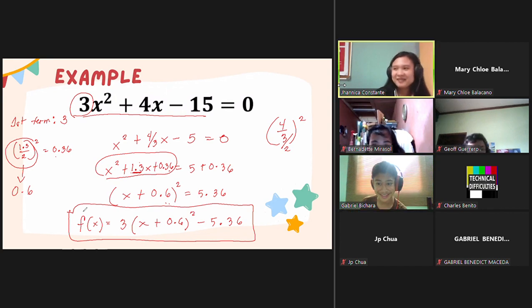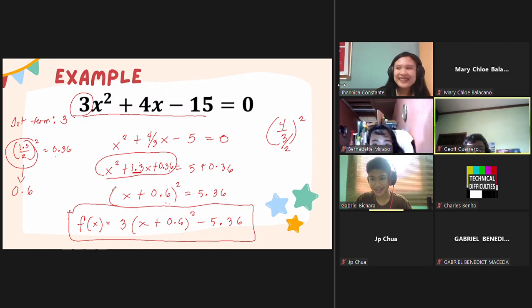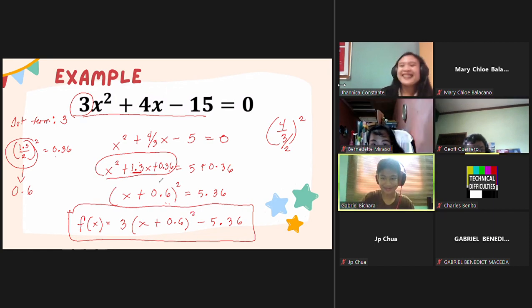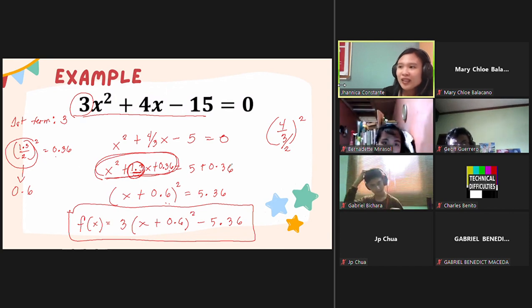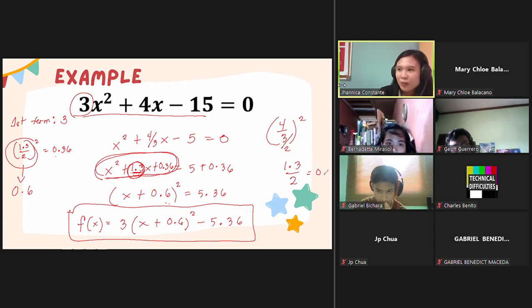Okay. Wait, teacher, what happened to 1.3? So what happens is we go to the next slide. Just kidding. What happened to the 1.3? To easily get the factor of this equation, you go back to the half of your middle term. Go back to this 1.3, the half of 1.3, 1.3 divided by 2 is 0.6.